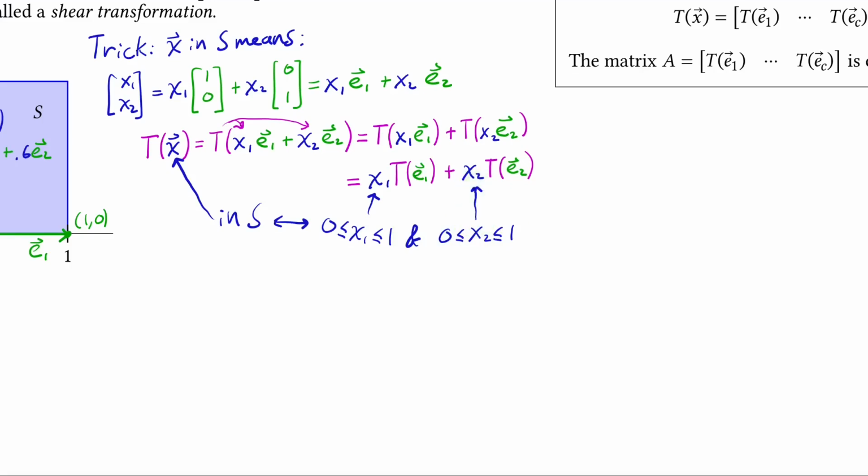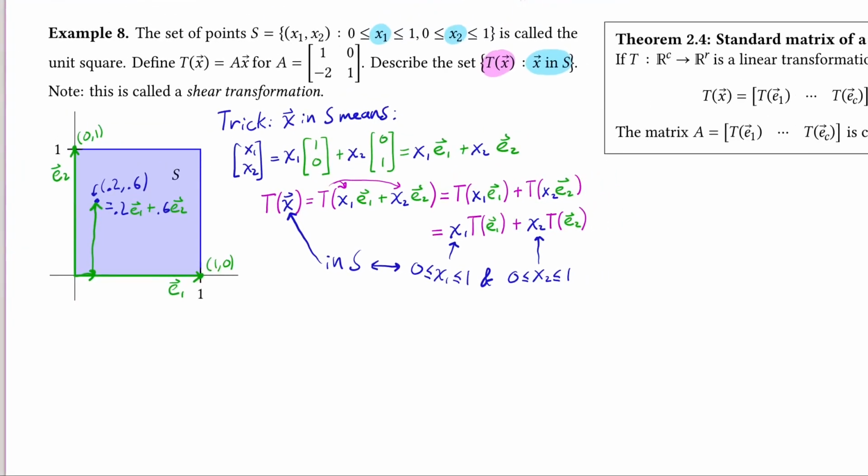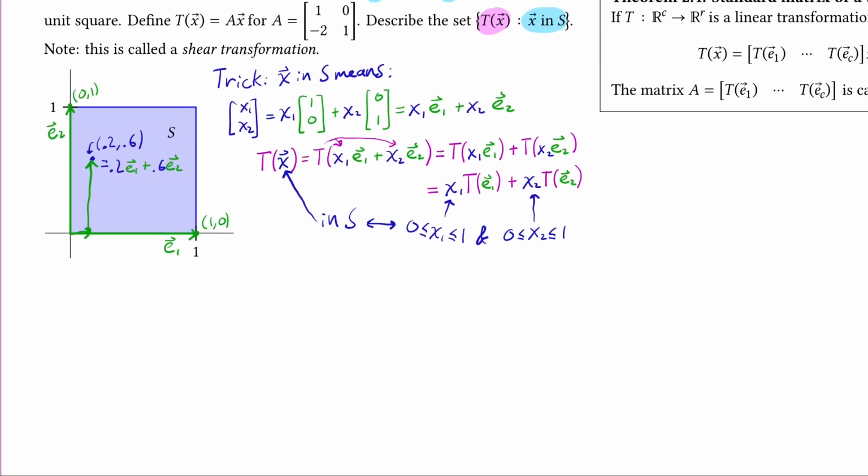So this is what we want to describe: the set of vectors that can be written as linear combinations of T of e1 and T of e2, where the weights are any numbers between 0 and 1. So what we need is T of e1 and T of e2. So let's go ahead and actually look at the matrix to see what those are.